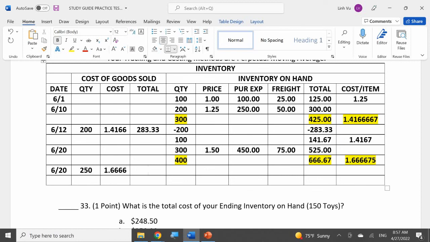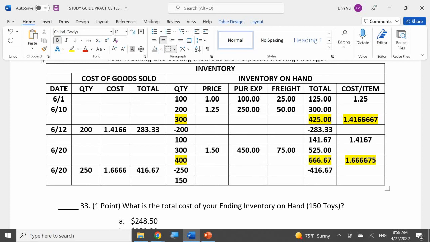So what's my total cost of goods sold here? 416.67. Good, 416.67. So therefore, if I subtract that, 250 at 416.67, right? What's my ending balance going to be?